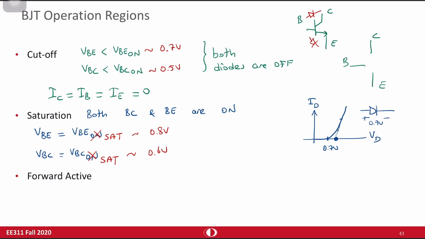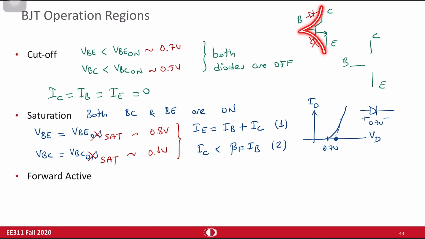In this case, the only thing that I can say is I emitter is equal to I base plus I collector. That's number one, the first equation. The other equation is IC is less than beta F times I base. This is the second condition. And of course, since both of the diodes are on, VBE is set in here, VBC is set in here.